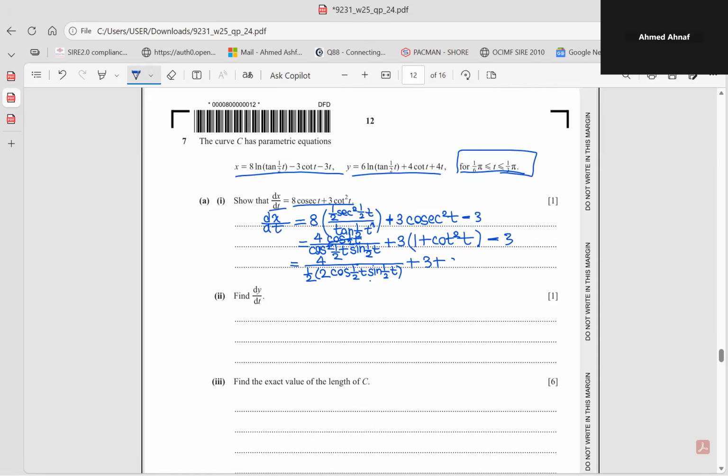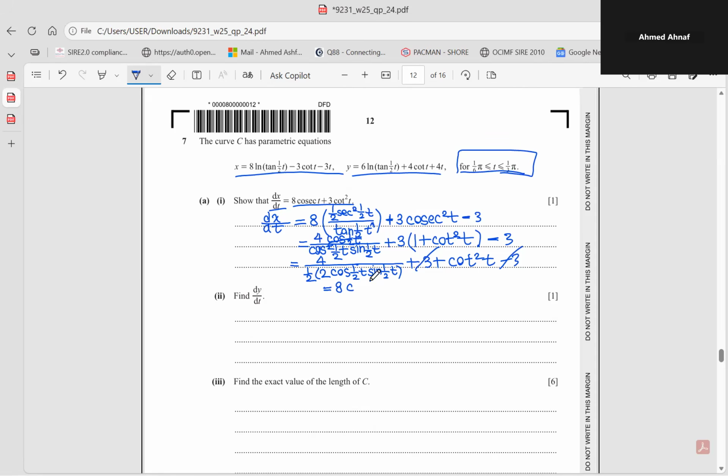So there's 3 plus cotangent square t minus 3. So this gets cancelled. 4 over half, that is 8. So 8 over 2, this is sine 2 half theta, so it's just sine t.